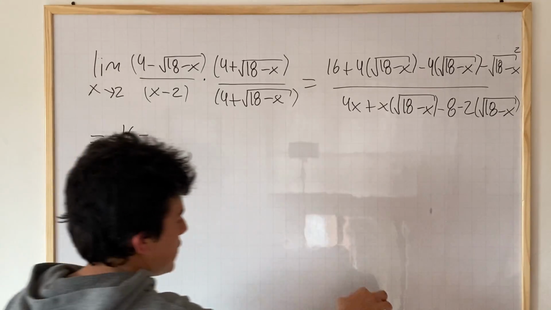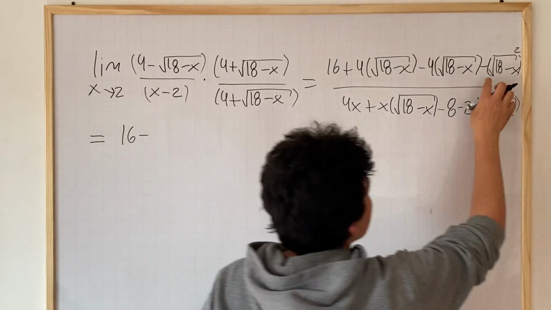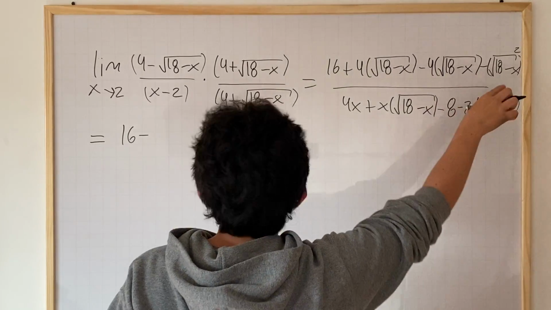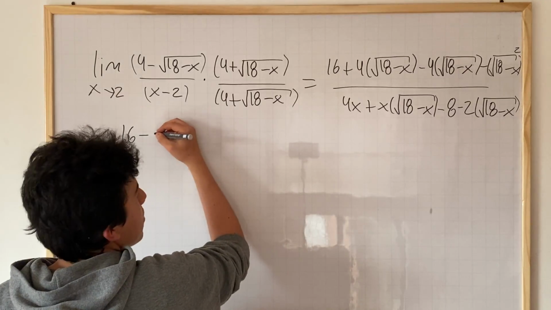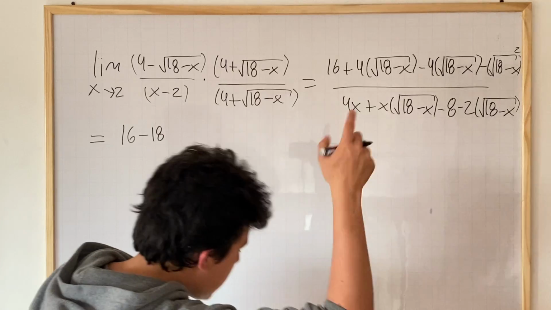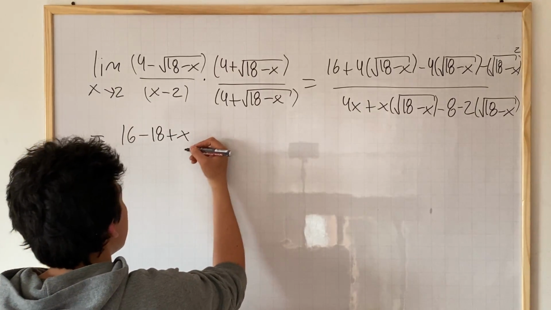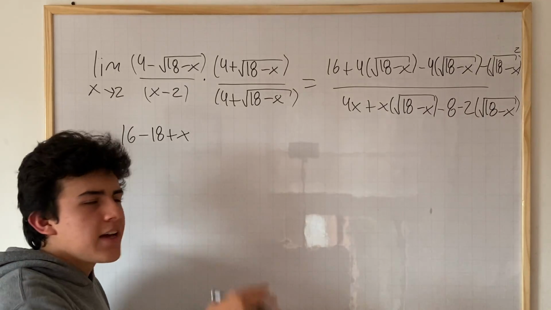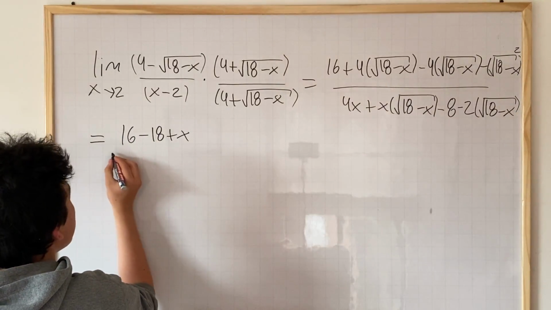That is something we need to take into account. This is as if we had a parenthesis right here. So we're multiplying the minus by the parenthesis. So that would be minus times positive 18, so minus 18, and minus times negative x, so we get plus x, okay? This little sign can change everything. You guys will see why.